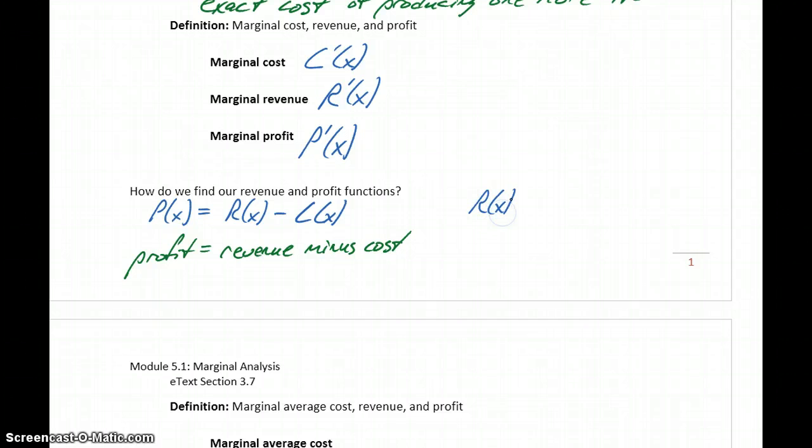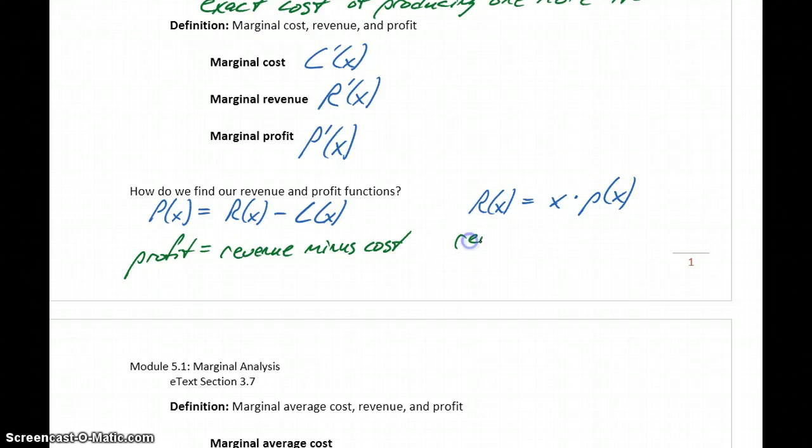If our revenue function isn't given to us specifically, then that's something we might have to establish as well. Revenue can always be calculated as the number of items sold, so x, times the price that we're charging for each item. So if we sold 10 items at $10 a piece, that's $100 in revenue.